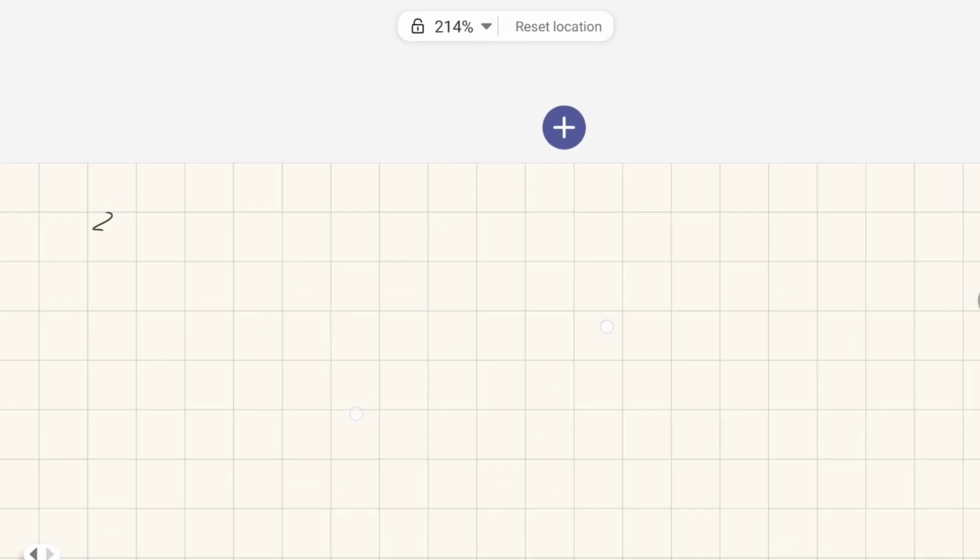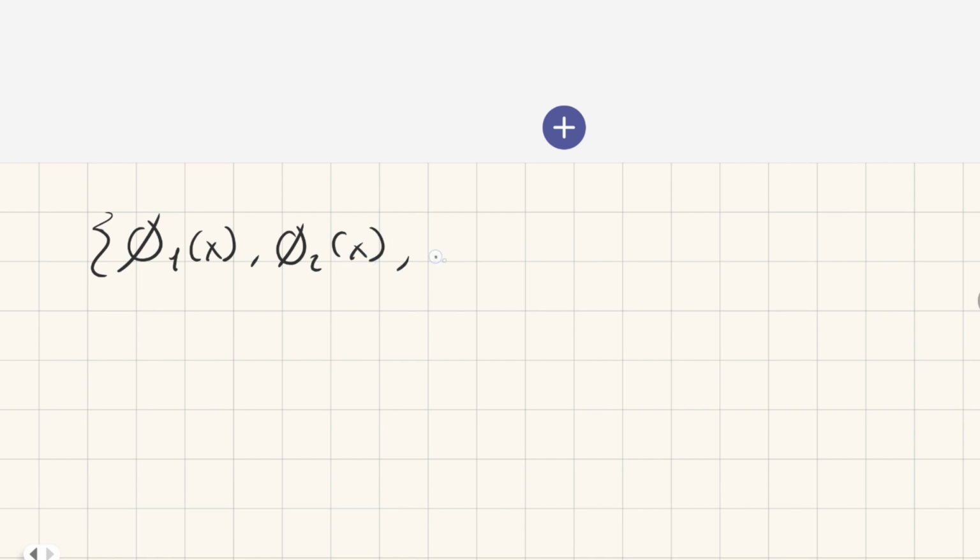So, I should point out that we have made a lesson where we showed that if we have an infinite set of orthogonal functions, let's say, for example, a set of functions phi sub 1 of x, phi sub 2 of x, and so on, an infinite set.